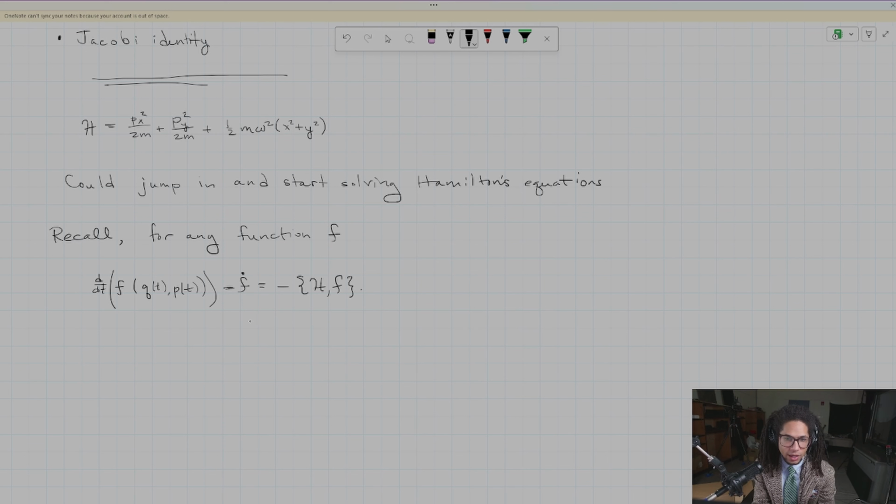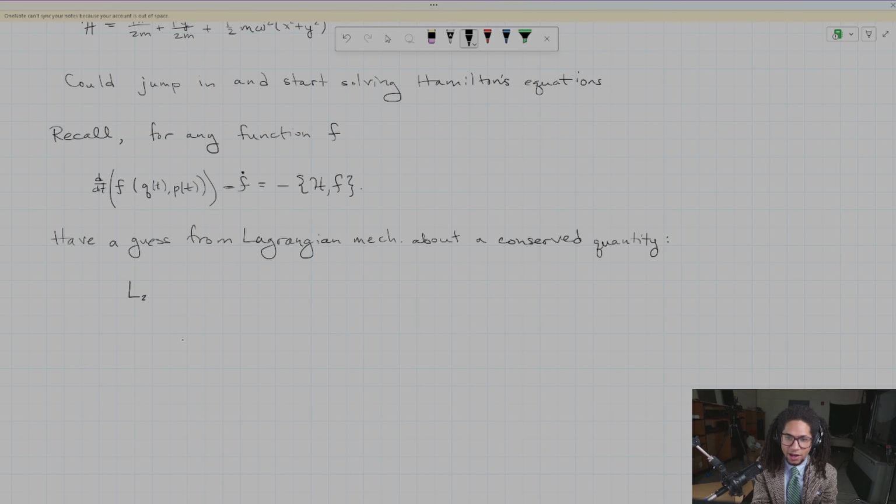So the first thing is that I kind of have a guess from Lagrangian mechanics about a conserved quantity. Recall that because the system is rotationally invariant, I expect that the z angular momentum is going to be conserved.